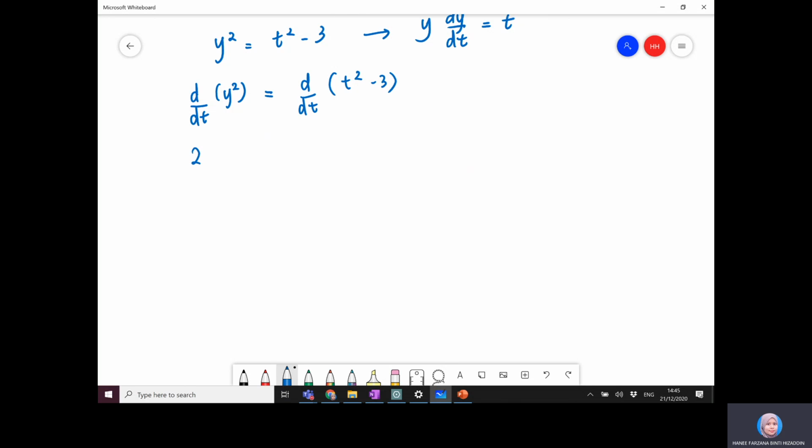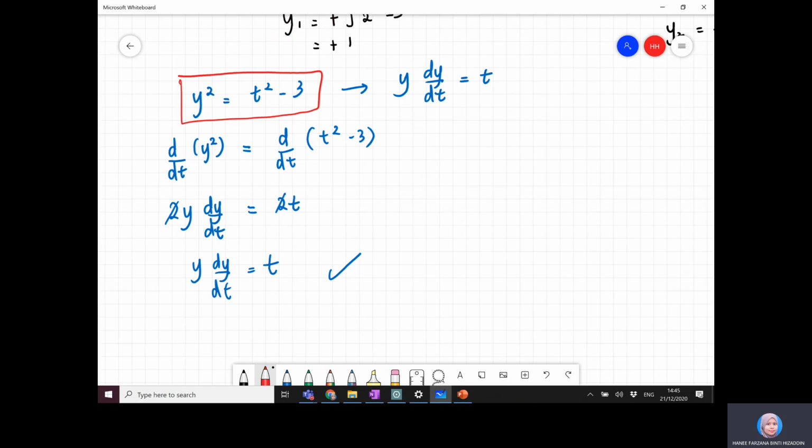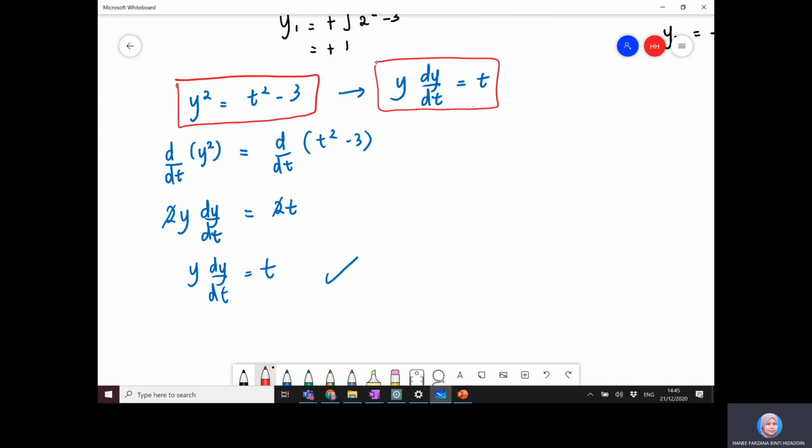Then you differentiate that, 2y dy/dt equals 2t, and then you eliminate the 2, then you end up with y dy/dt equals t. Then you have proven that y squared equals t squared minus 3 is the implicit solution to the given differential equation. So problem solved for one thing.